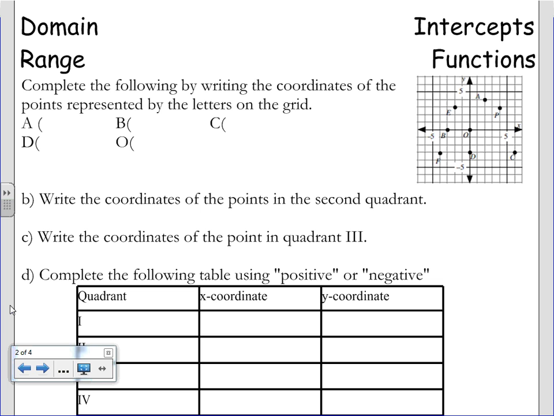Complete the following table using positives or negatives. So everything that's in quadrant 1, are the x values positive or negative? Positive. So the first blank would be positive. For y, what would that blank be? Are the y values positive or negative in quadrant 1? Positive.